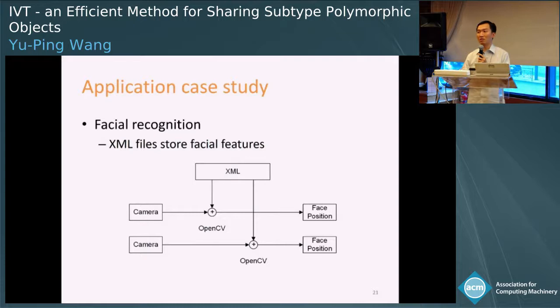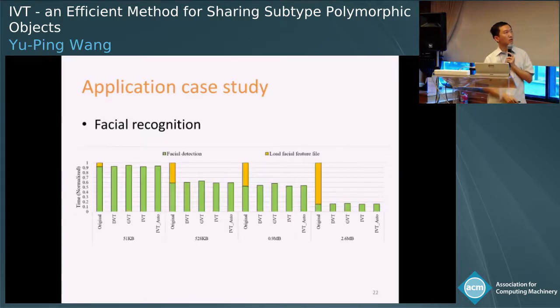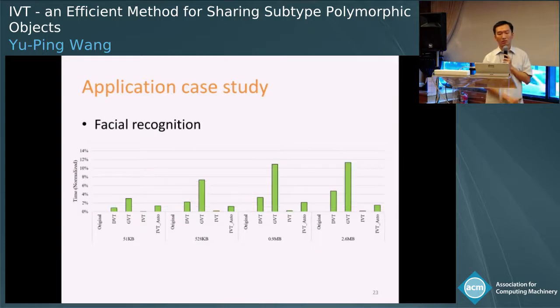It contains virtual functions, which makes the object a polymorphic object. If we share these parsed facial features, we can omit the load facial feature file procedure, and we can save a lot of time on that. Also, if we focus on the main facial detection routine, we can see that our IVT technique also introduces less overhead than the previous techniques.